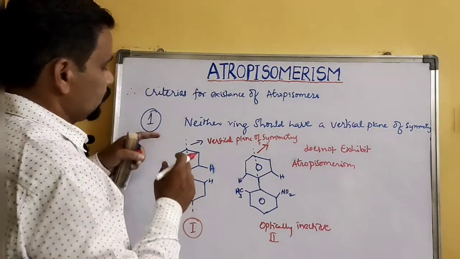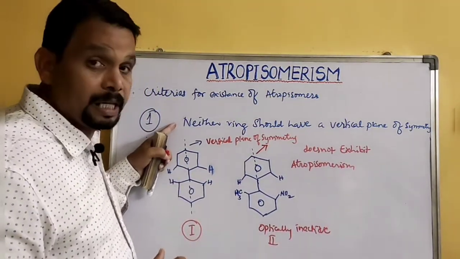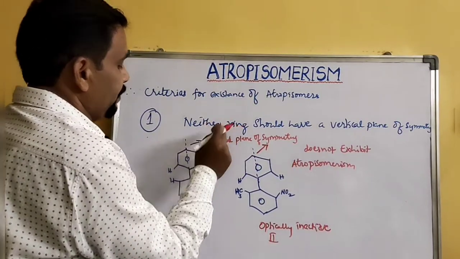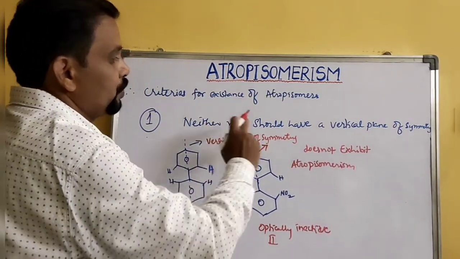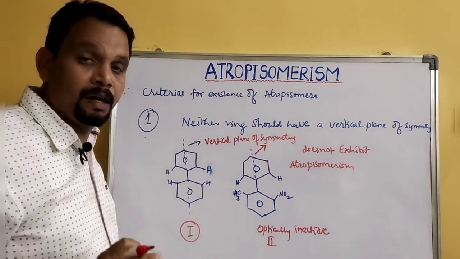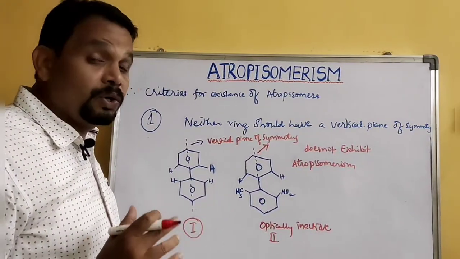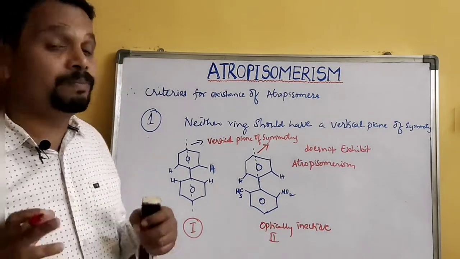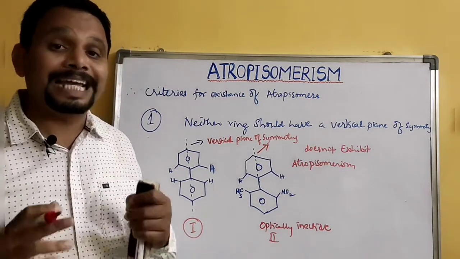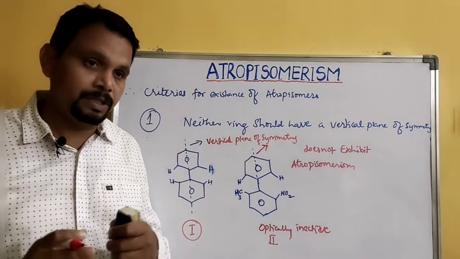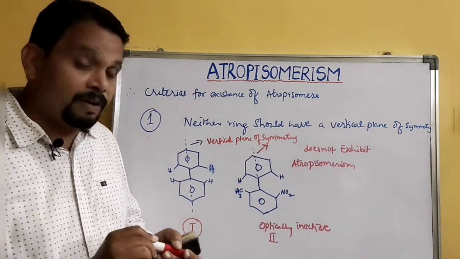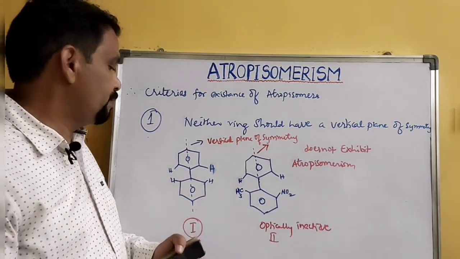So that is the meaning of this first criteria. Neither ring, that means any of these two rings should not have a vertical plane of symmetry in their structure. Then only they can exhibit heteroisomerism. They will exist as heteroisomers. So that is the first criteria you need to keep in mind.